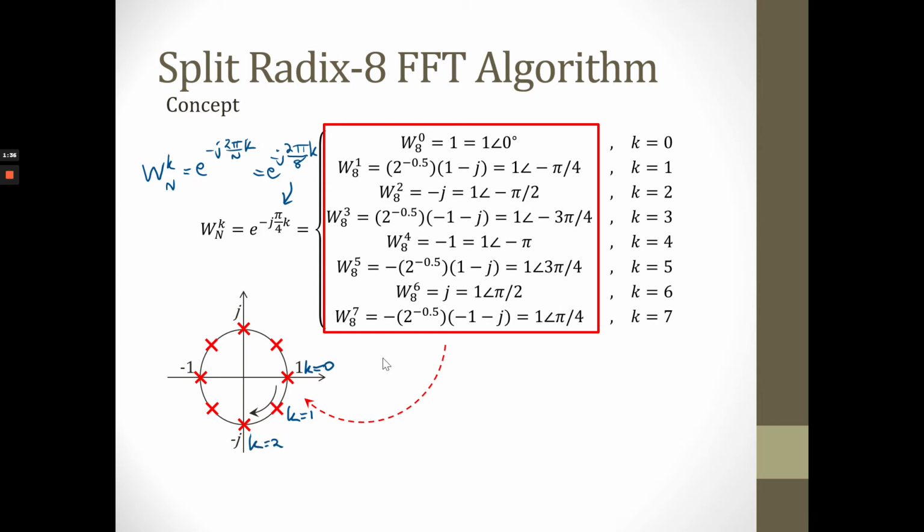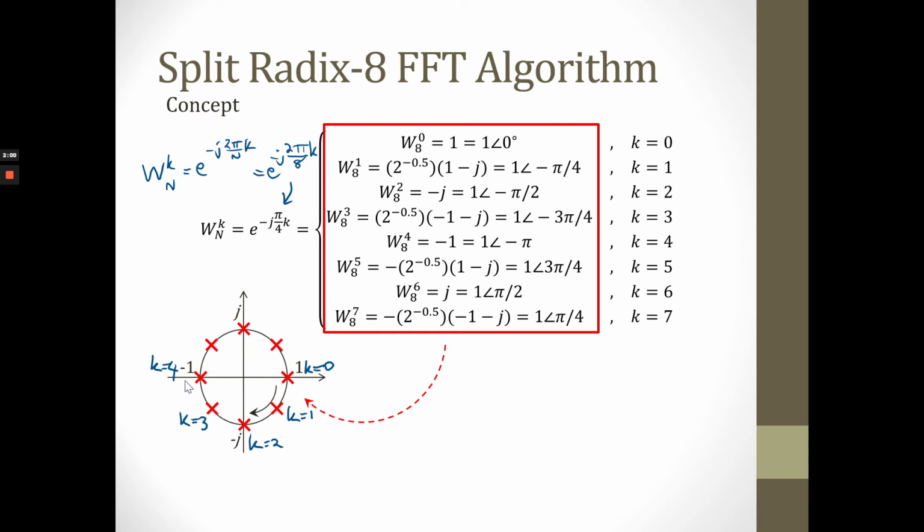For k equal to 2, the value is negative j. The magnitude is 1, the phase is negative 90. The next one is k equal to 3. The magnitude is 1, the phase is negative 135, 3 pi over 4, negative 135 here.